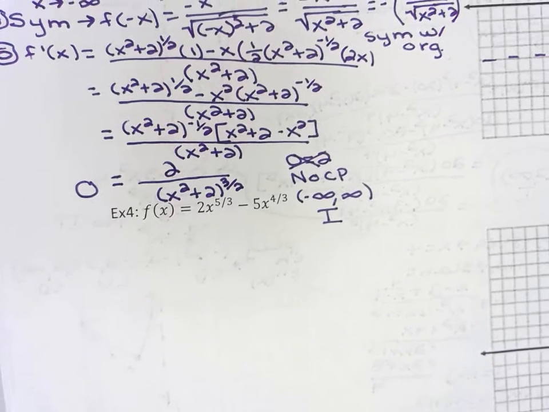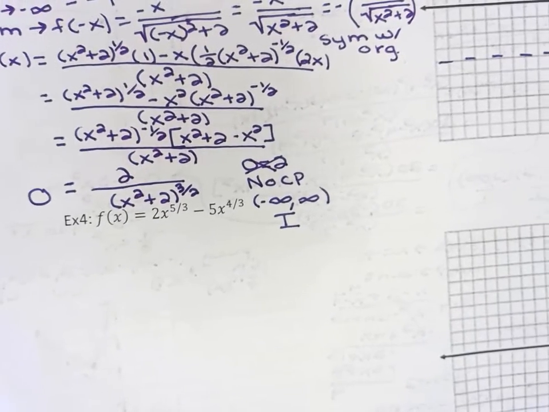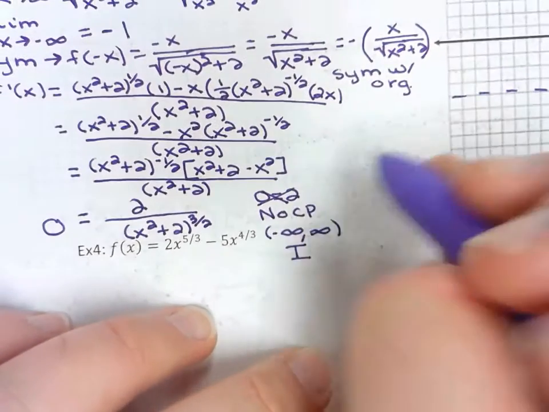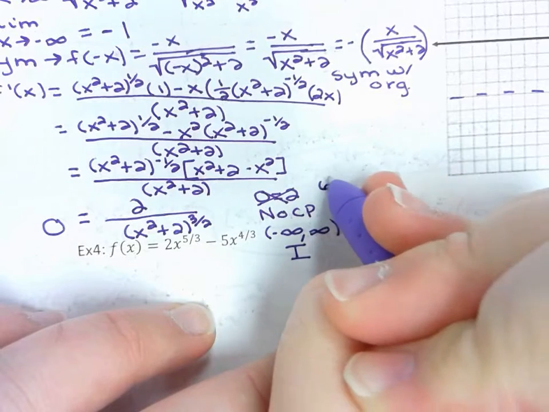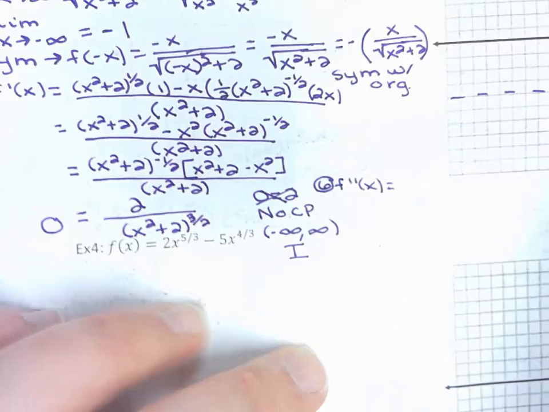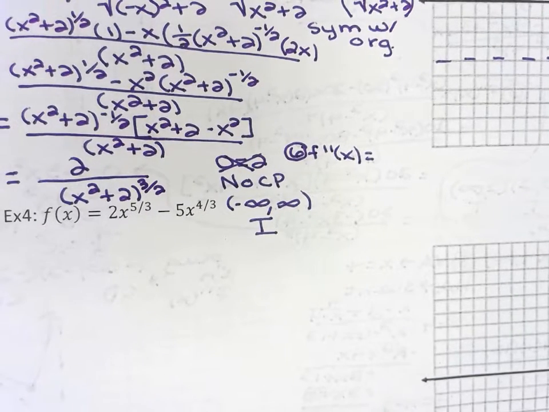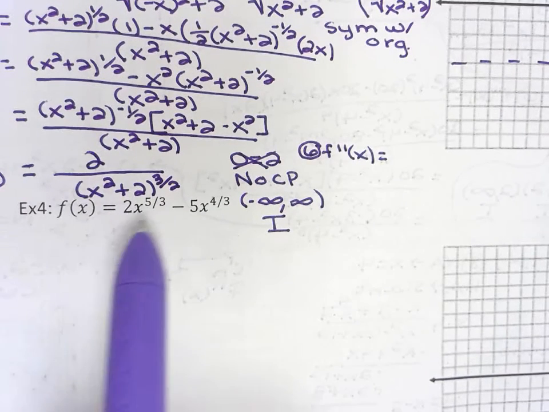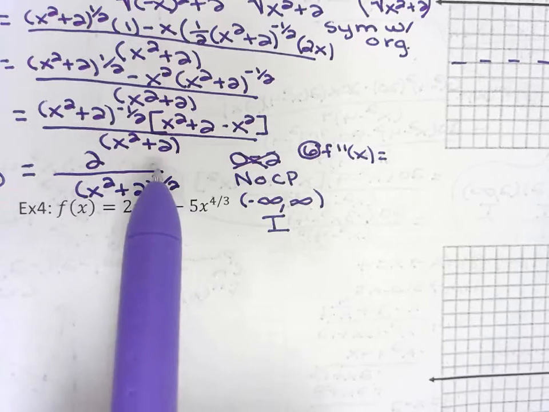Okay, now if I look at the second derivative, which I'm going to squish in here, that's number 6. Use the most simplified first derivative, which is 2 over x squared plus 2 to the 3 halves.